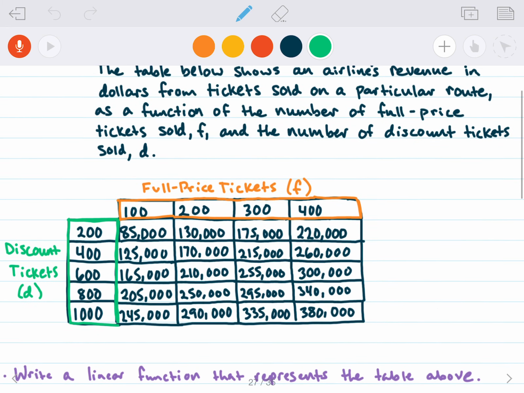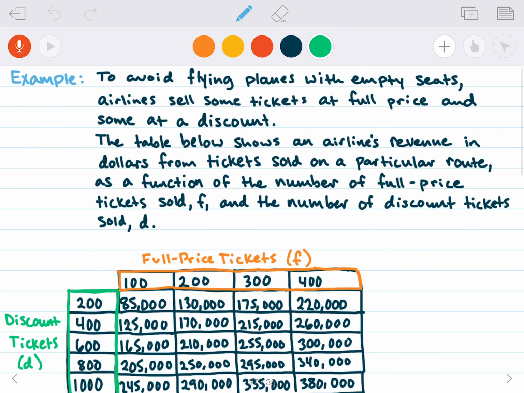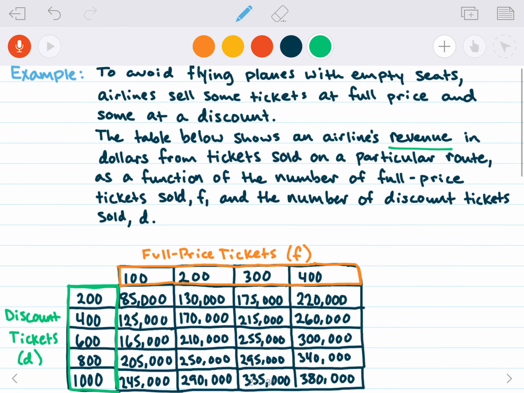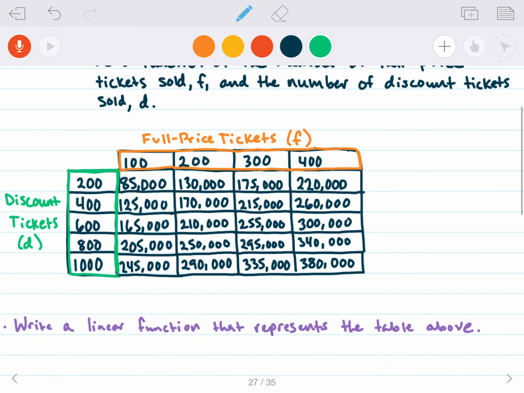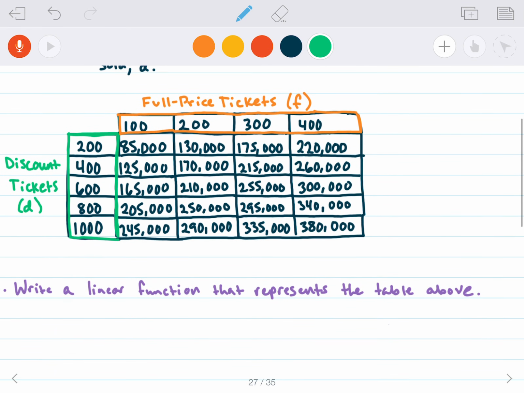Our output is the revenue, so I'm going to just say that that's going to be R instead of Z. So we have the change in revenue. D, I don't like that. Okay, well, how about we just call it MD? Okay. So we're going to do the change in revenue.